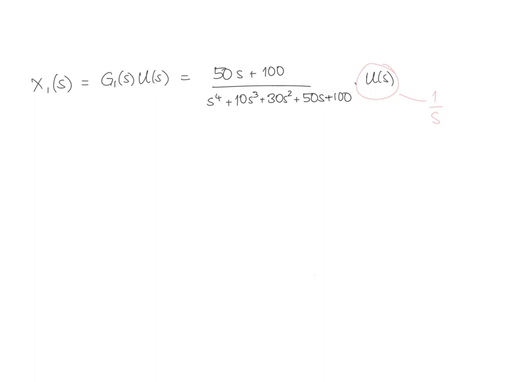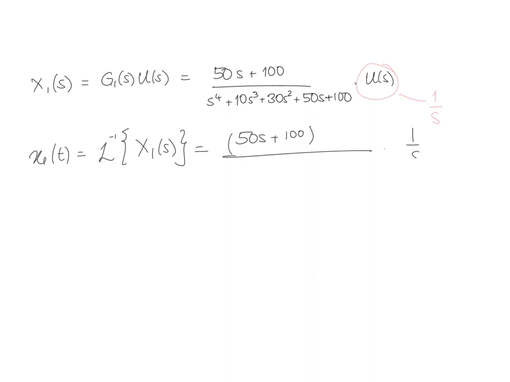So all I have to do is figure out the inverse Laplace transform of this whole right hand side. I have x1 of t as the inverse Laplace of x1 of s, which is 50s plus 100, now multiplied by 1 over s, which comes from the u of s, by the same denominator.